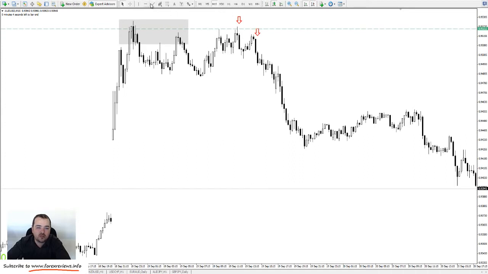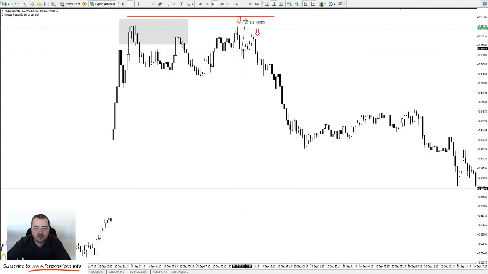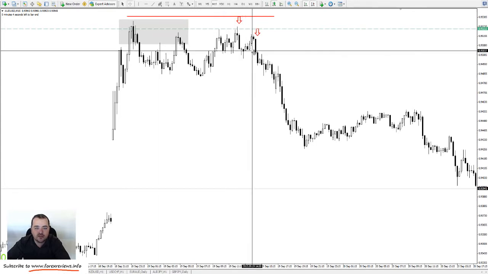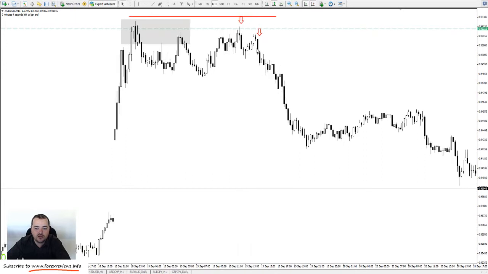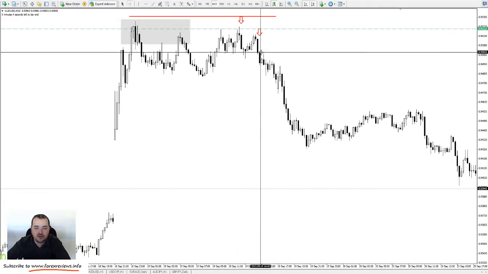Now, where do I place my stop in this situation? Well, just above, right? Because I know that if price rallies up here, and let's look at this. So I entered on this trade, the stop is 25 pips. Say I entered on this trade after the bearish engulfing, the stop is 28 pips. Very small stop.